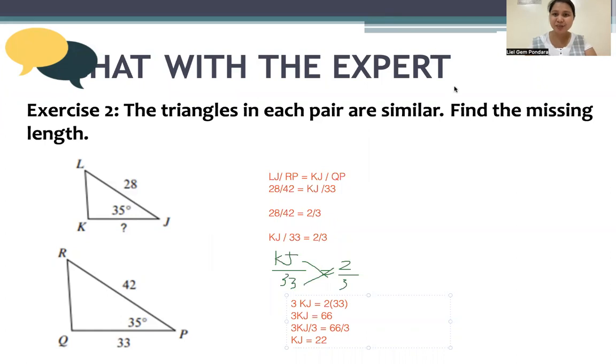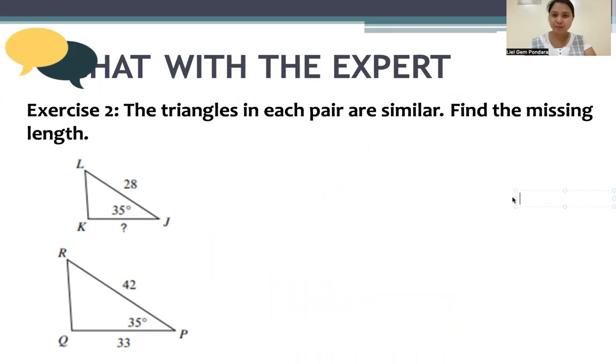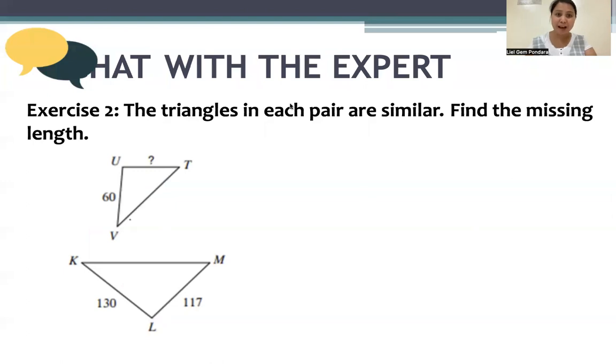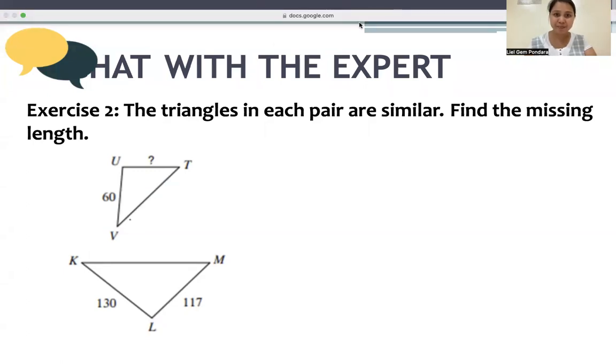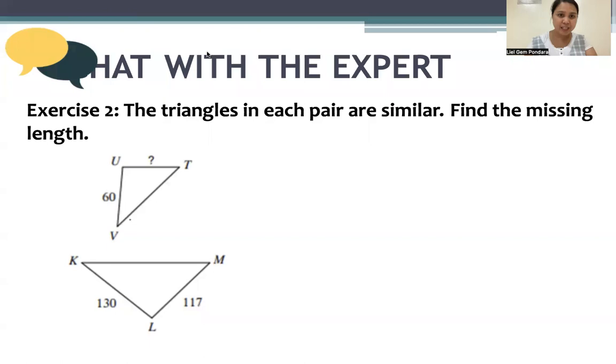Let's go to the next one. Still the same. Both triangles are similar. We find the missing length. Here, we have UV and UT. Then we have ML and KL.